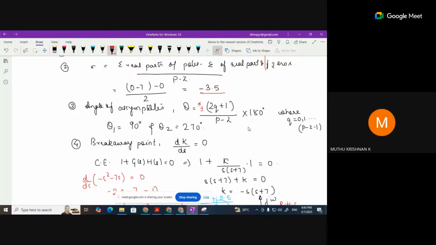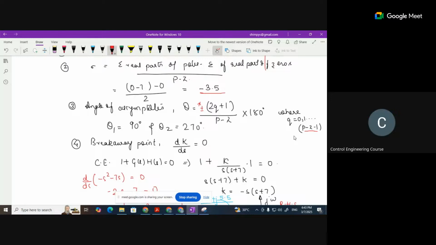But if we just proceed with 0, 1, omitting negatives, for 3 it will be 2 also, right? 0, 1, 2. In that case, yes, the third angle will come as minus 60. That's what you are suggesting. Okay, right? Here we have to take into account that it won't always be 0, 1. It will depend upon the value of p minus z, Muthu, right?